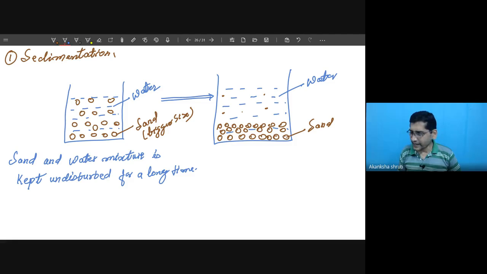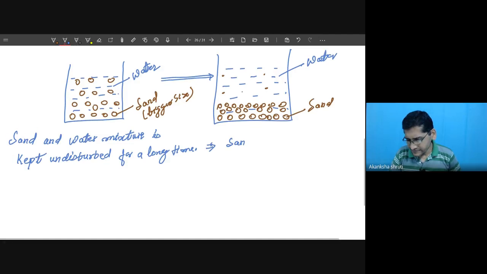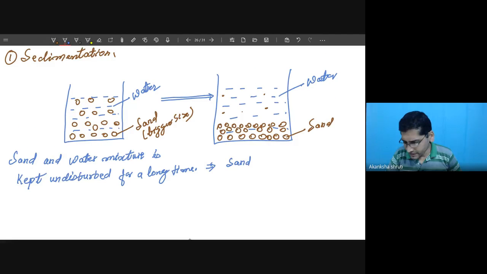Then you will observe that the sand, being a heavy particle, will settle down. So the sand settled down at the bottom.